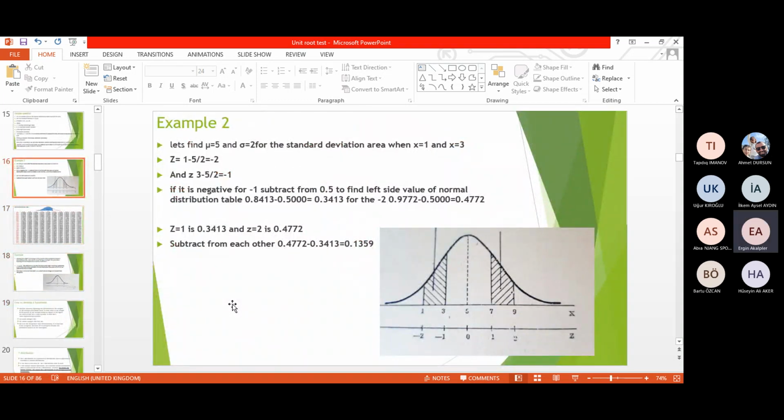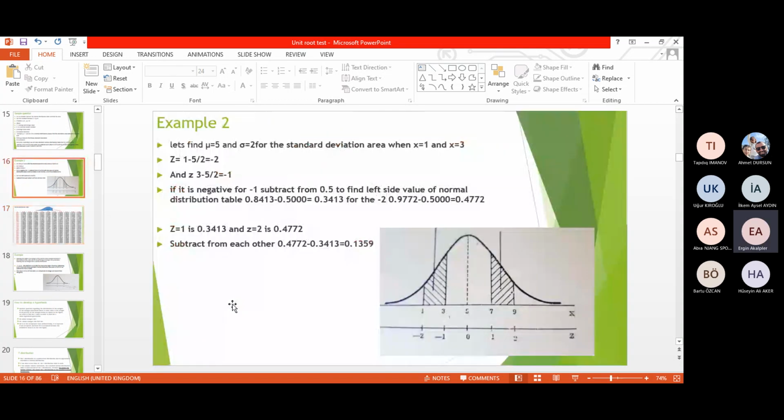Here we are having the other example. As you are observing, again, mu is 5 and standard deviation is 2. Then when you are going to calculate for 1 and 3, you will get, again, for 1 is -2 and for 3 is -1. Then you will find these numbers from this table.